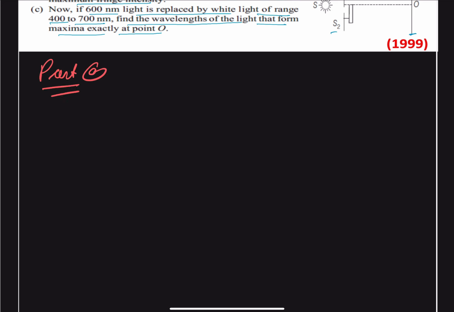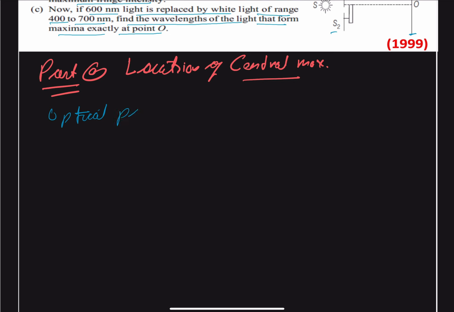So we have part A, location of central maxima, and because of the glass sheet that's placed over S2, it will be introducing an optical path difference due to the glass sheet over slit S2.